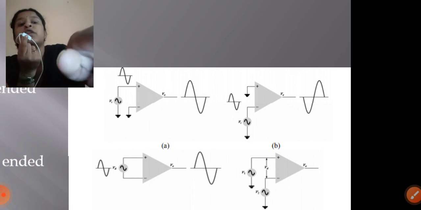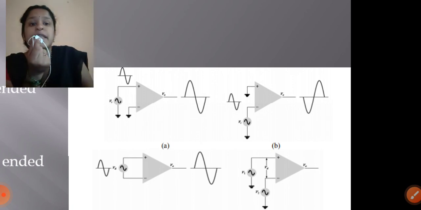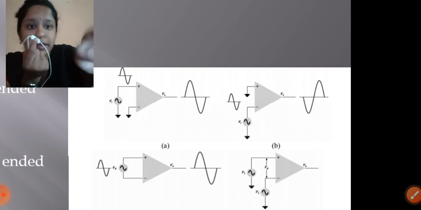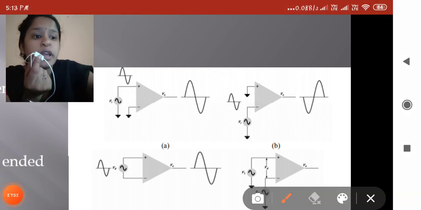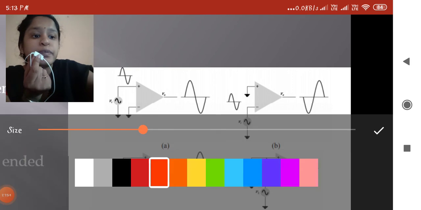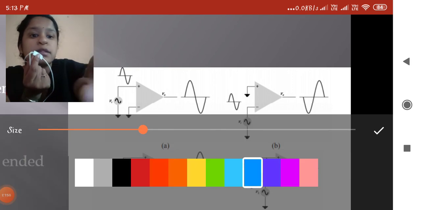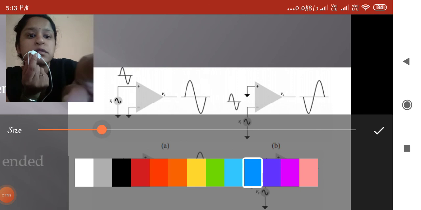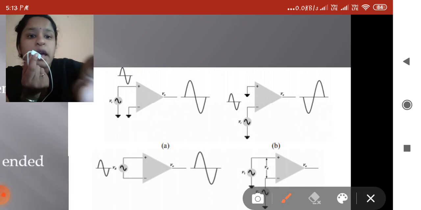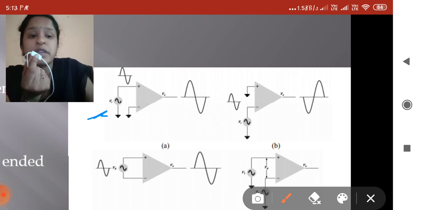Single-ended means the power supply is connected to the non-inverting terminal.